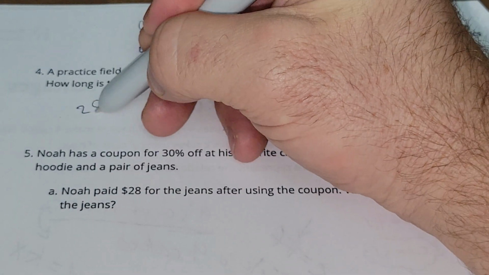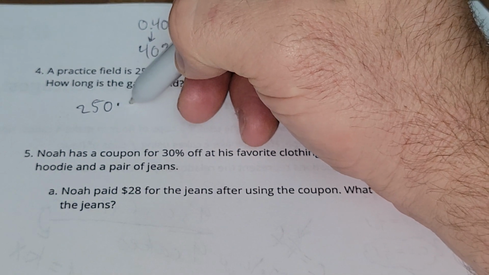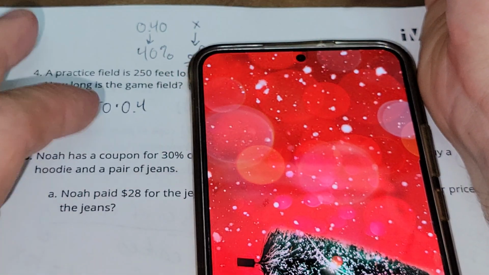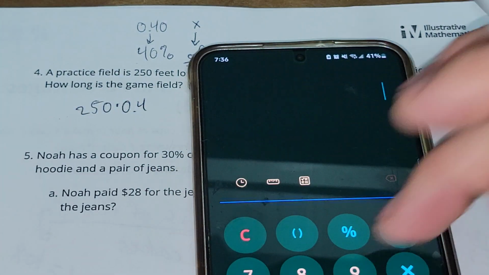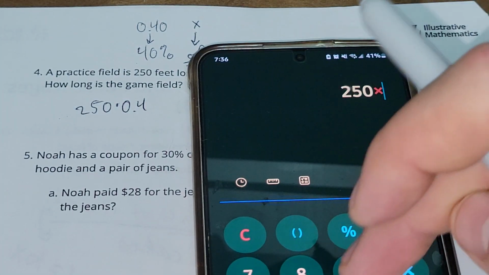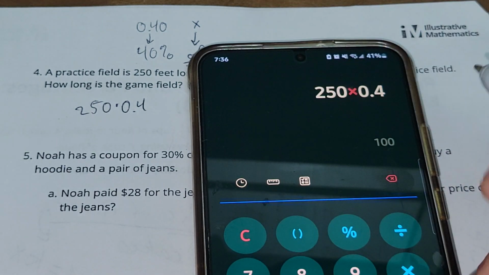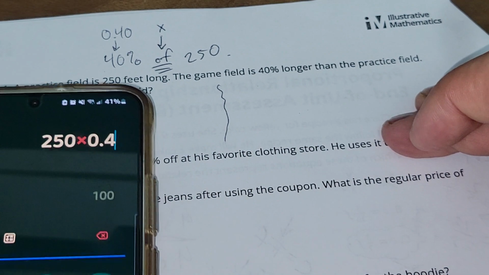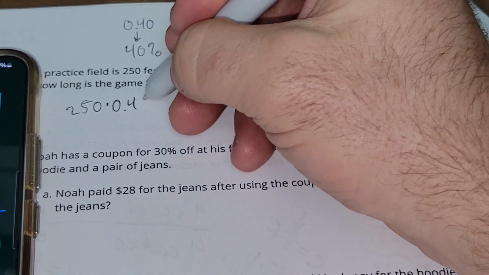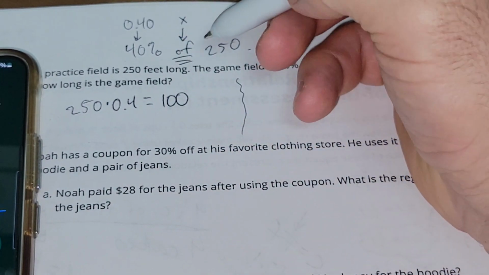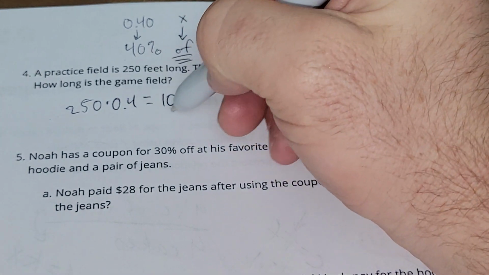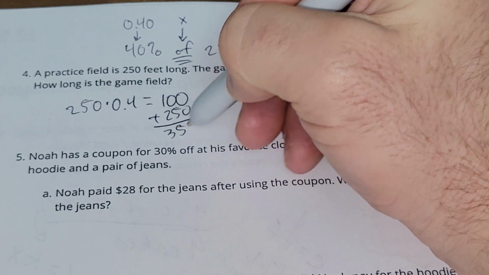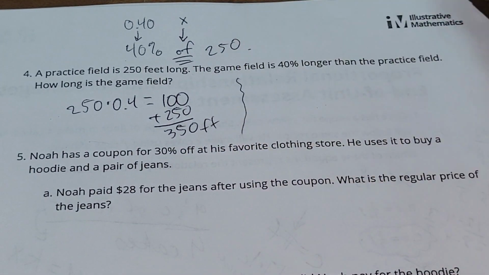I'm coming down here, 250 times 0.40. 250 times 0.4 equals 100. But let's remember that we're increasing by that much, so I have to come back and add my original 250, which looks like I am at 350 feet.